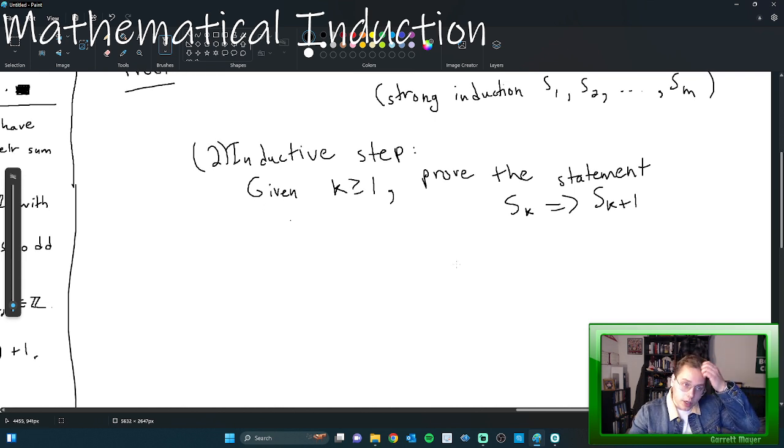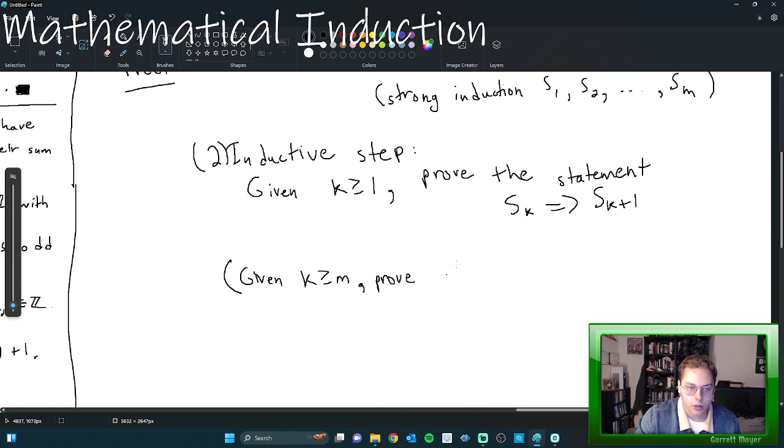Or in the case of strong induction, we are given k greater than or equal to m, and then we prove S1 and S2 and all of these statements up until SK imply SK plus 1.